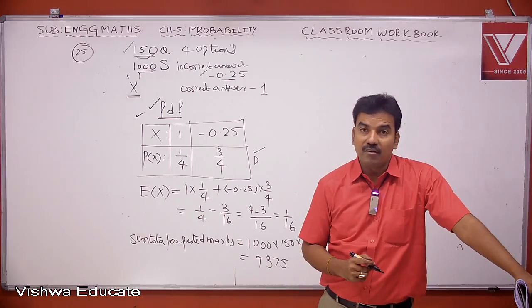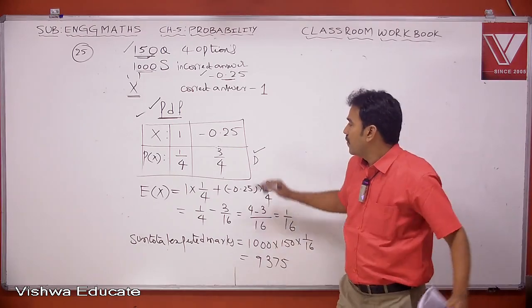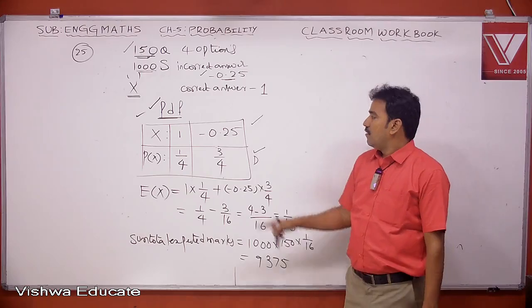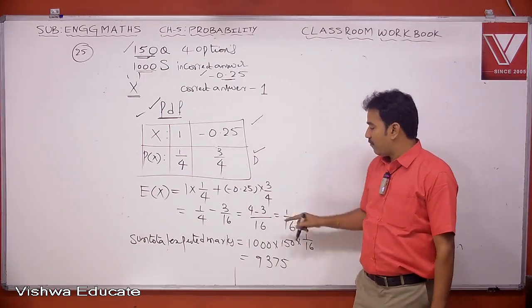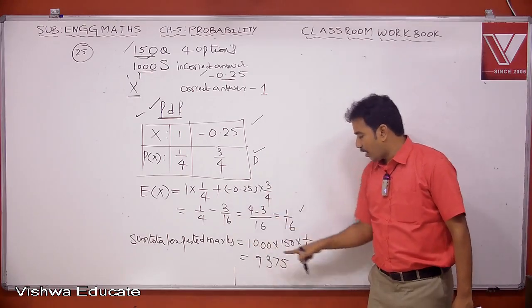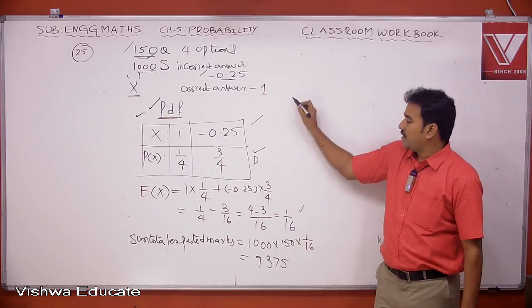Therefore, the PDF is in this tabular form. E of X is this. Therefore, the sum total expected marks is this. Option D is the right answer.